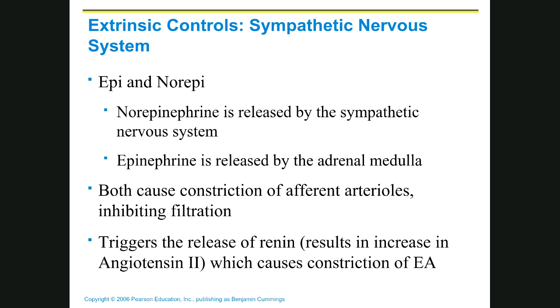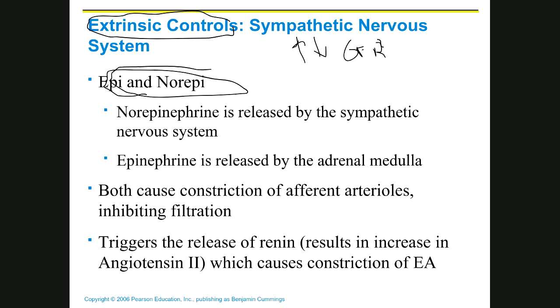But we can also have stuff outside the kidney, which increases or decreases GFR. Primarily, those are the hormones we've already talked about, epi and norepi. And epi and norepi are going to cause afferent arterioles to constrict. So we're going to get vasoconstriction of the afferent arteriole.